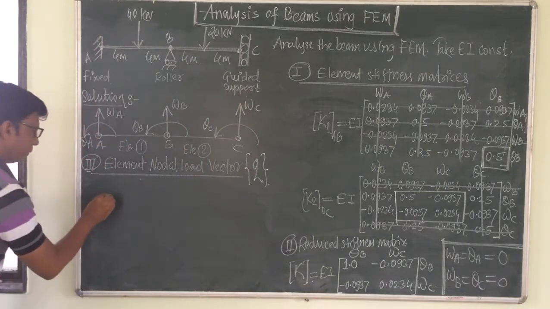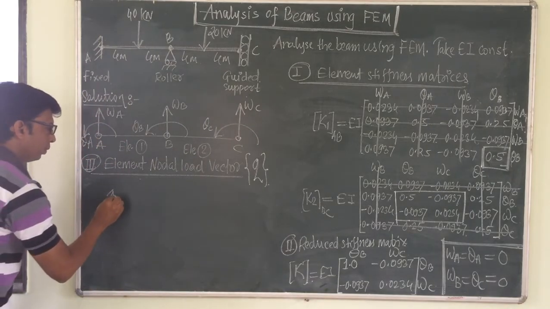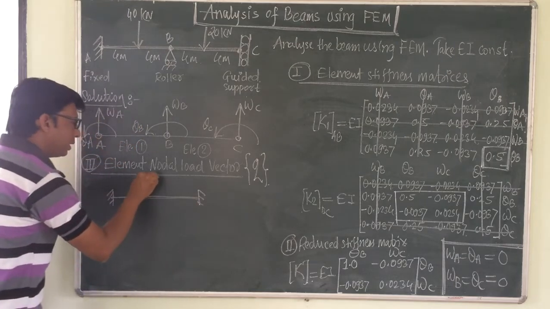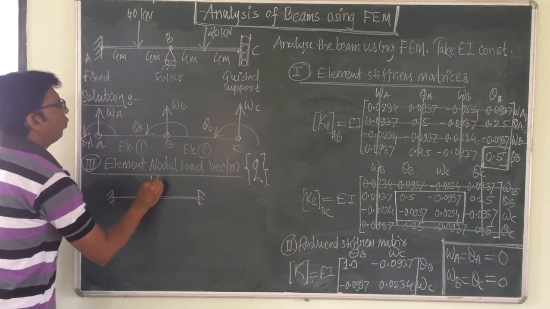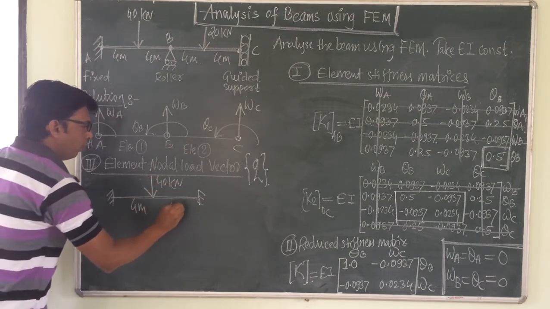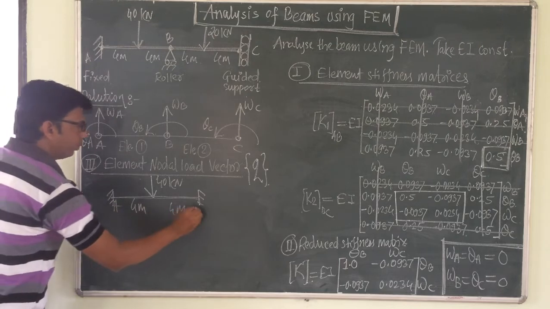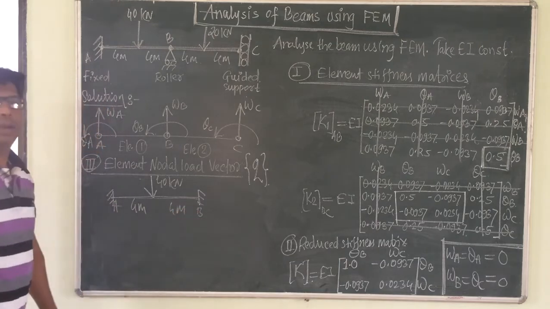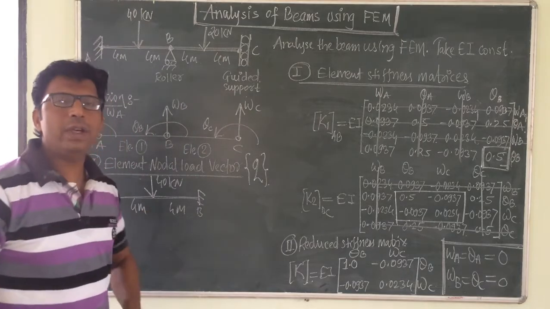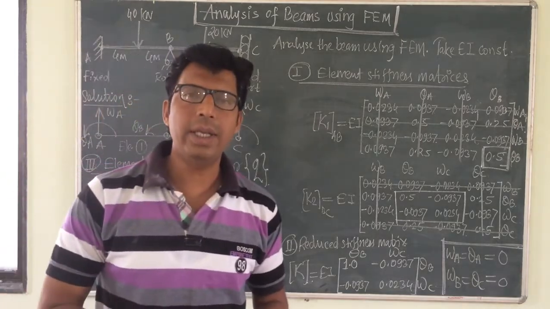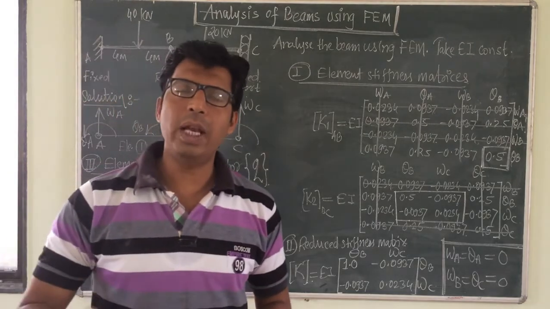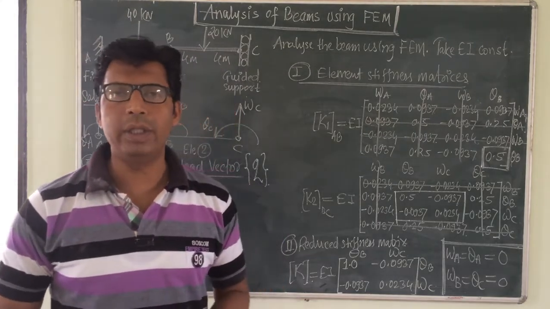So fix the beam at all supports. Element number 1 is having central point load 40 kilonewton, 4 meter span. Now if you find out fixed moments in this element, central point load, fixed moments are WL by 8 at both ends.